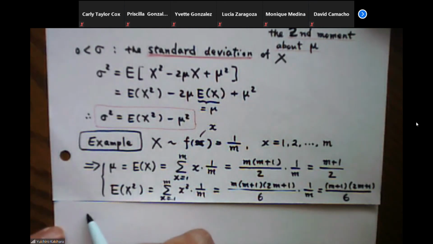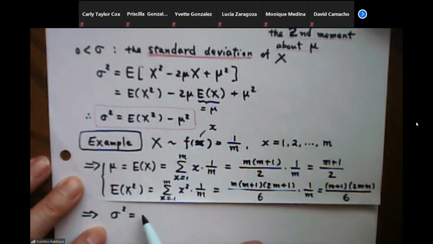So using this, we can calculate sigma squared. Use this formula, E of x squared minus mu squared. This is the way it goes.